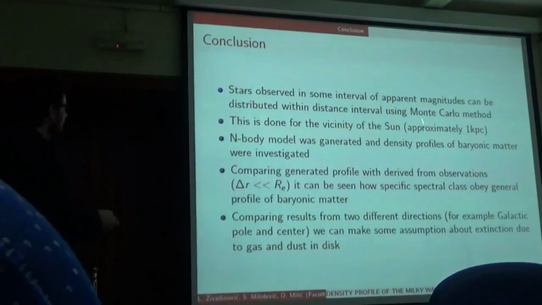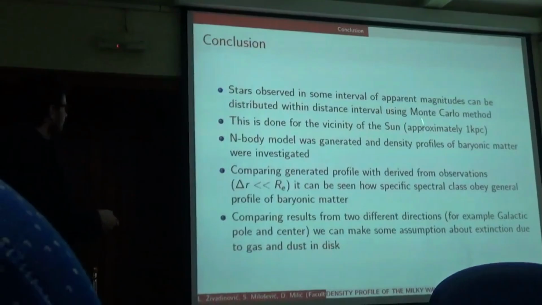And we can compare that generated profile from the n-body simulations with observations and stellar space densities derived from those observations. Of course, for small parts of the distance intervals, because those small parts will be much smaller than the scale length in the disk.